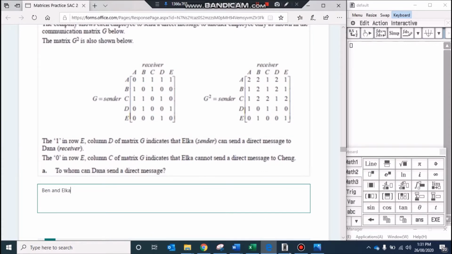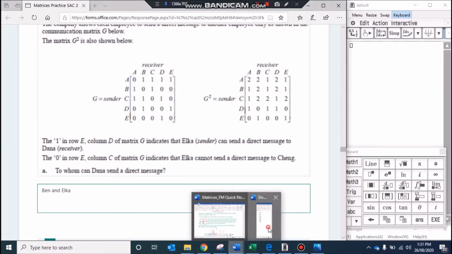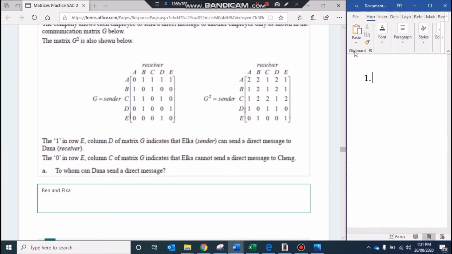Cheng can send a message to A, to B, and to D. That's who Cheng can send a message to. Now, we want to see who can A, B, and D send their messages to. And we'll see who can send a message to Alka on Cheng's behalf.